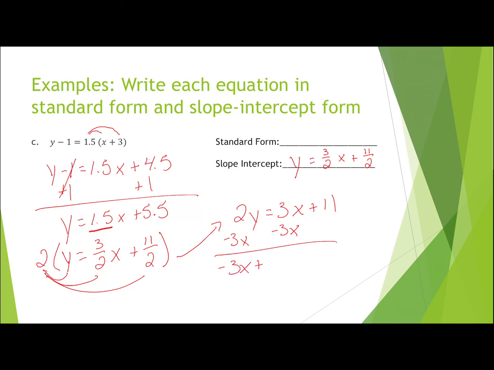Negative 3x plus 2y equals 11. Again, this can't be negative, so we're going to multiply everything in here by a -1, which would give us 3x minus 2y equals -11. So that would be our standard form, 3x minus 2y equals -11.